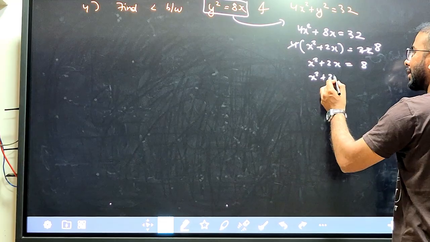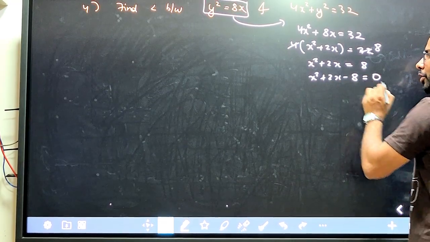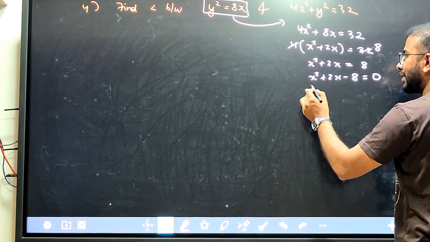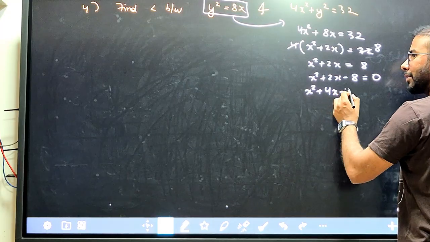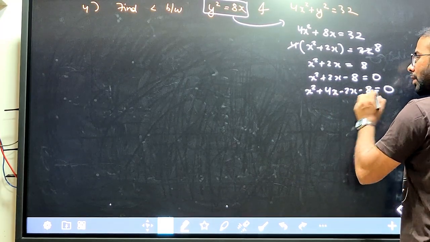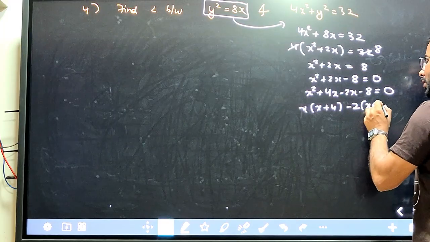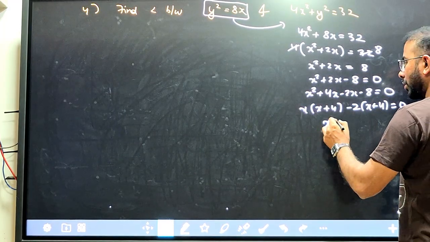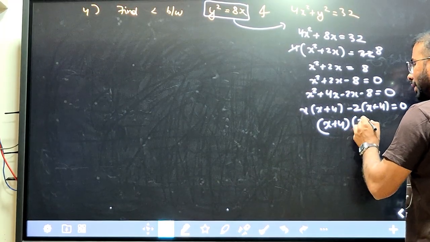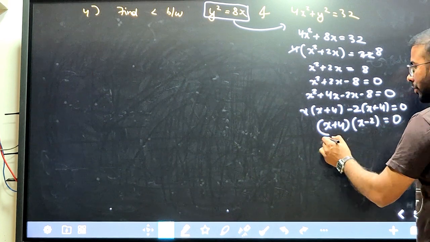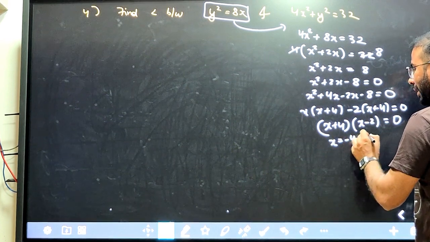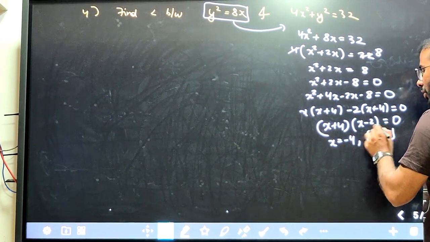X square plus 2x minus 8 equal to 0. Now we'll factorize this as 4x minus 2x, x common, x plus 4, minus 2 common, x plus 4. So x plus 4 into x minus 2 equal to 0. So x is coming out to be minus 4, x is coming out to be 2.